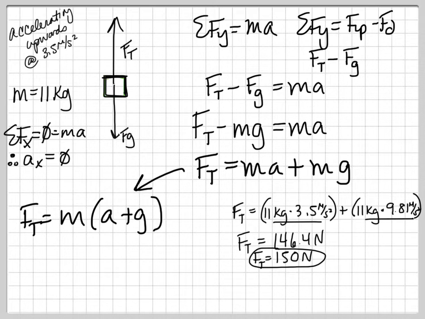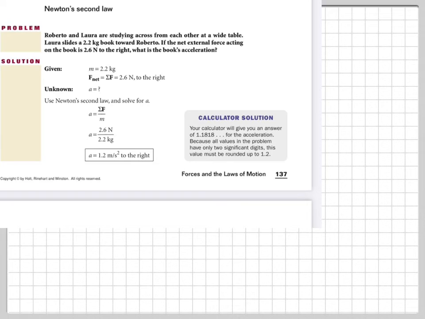There will come points where being able to factor out that mass will be useful in terms of some rearrangements. So, questions on that? Let's do 4B together. I wanted to do a force of tension ma problem with you because those are always a little bit tricky, so I just wanted to get that out of the way. That wasn't too hard, but it gives you the sort of mental template for them.